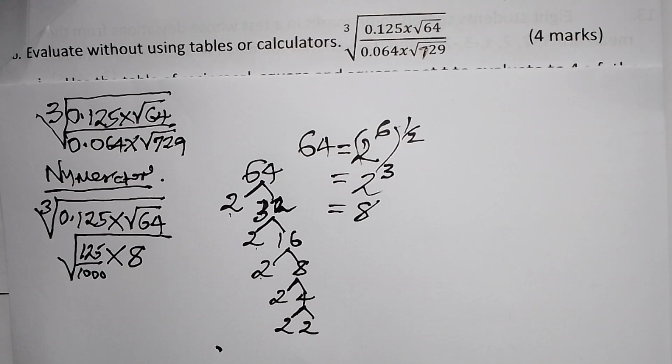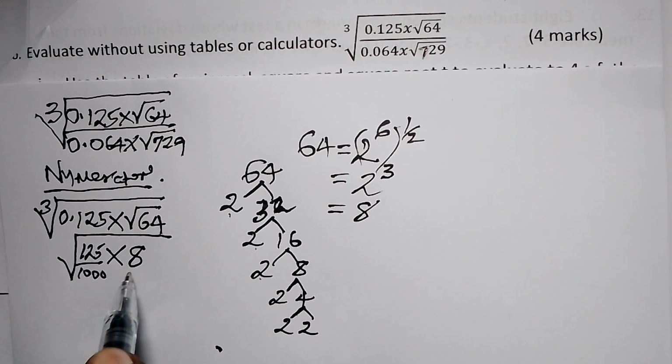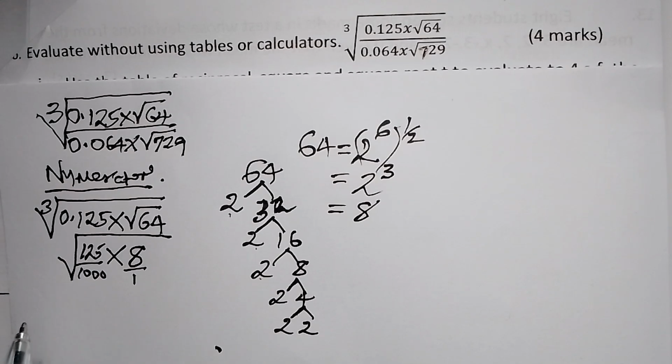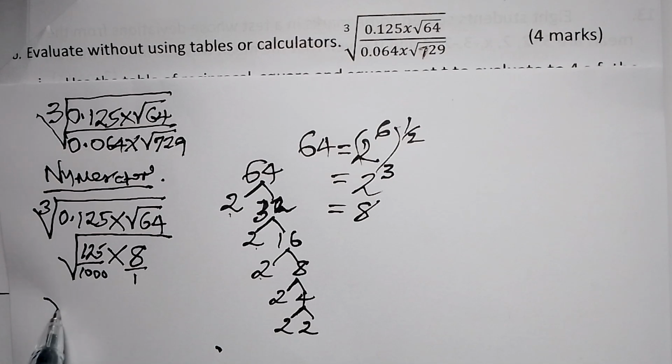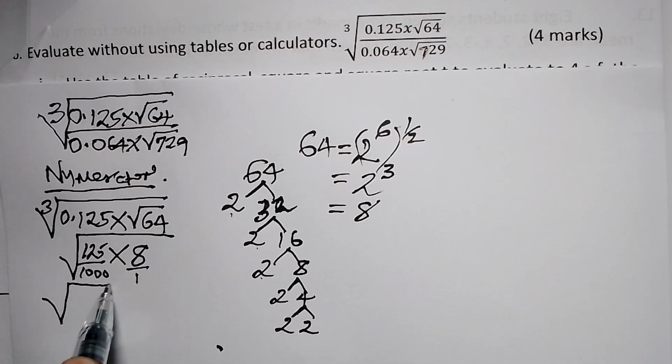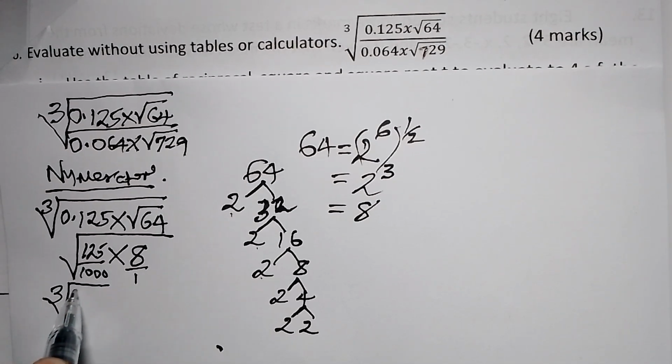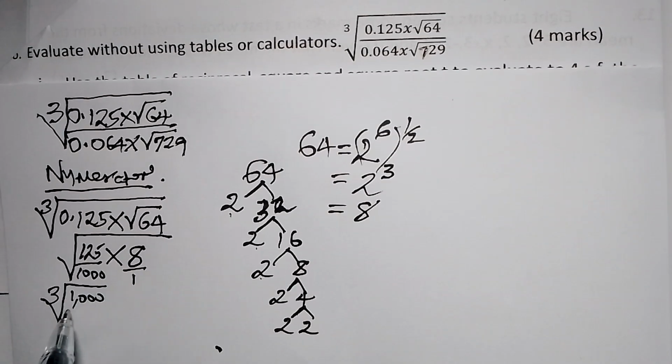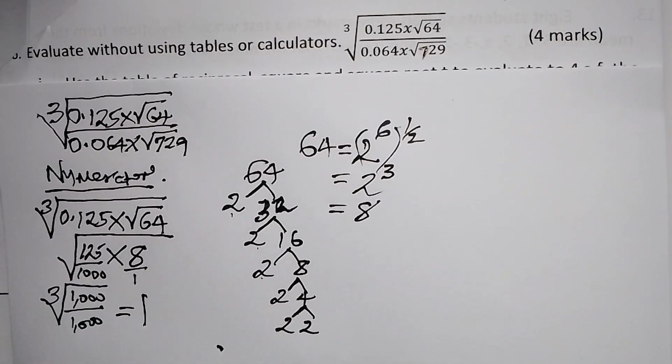To make our work easy, we can multiply 125 by 8, and when we multiply 125 by 8 over 1, we are going to get 1000 over 1000. The cube root of 1000 divided by 1000 will be equal to 1.